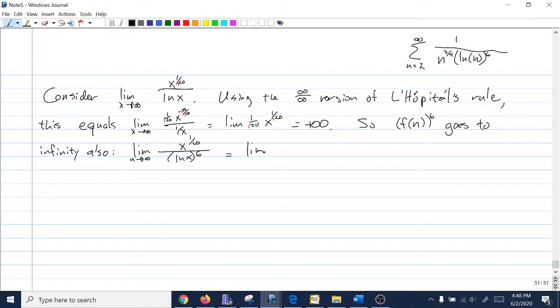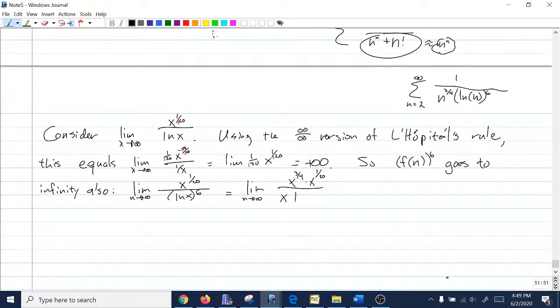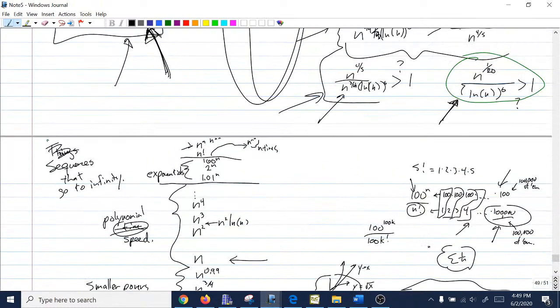Equals the limit as n goes to infinity of, I want to multiply the top and bottom by x to the 3/4. Was it x to the 3/4? I'm sort of losing track, I have to check my scratch work.